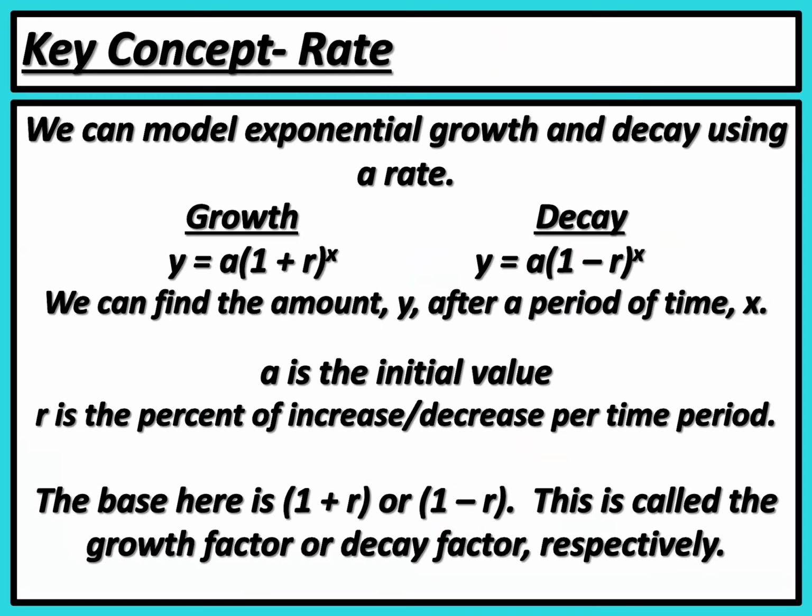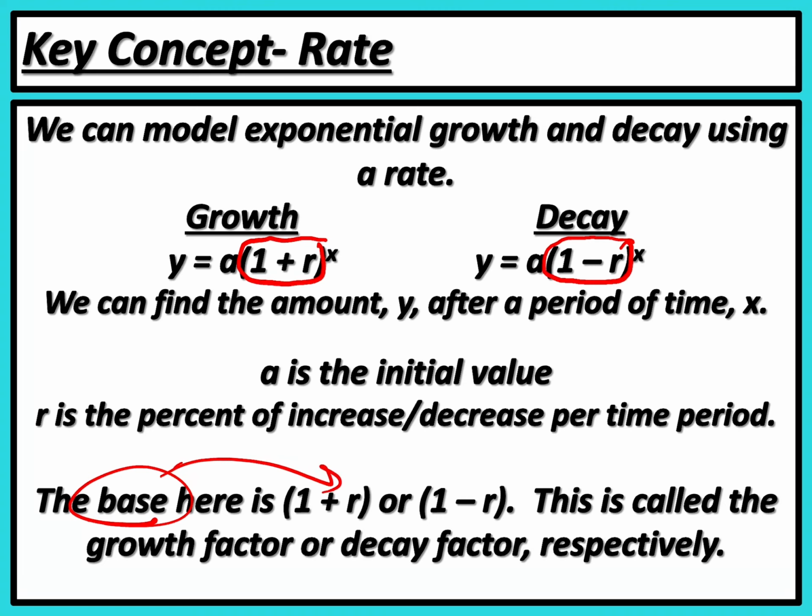All right, let's take a look at rate. So the equations look kind of similar, except instead of b, we now have 1 plus r and 1 minus r. So that becomes our base.